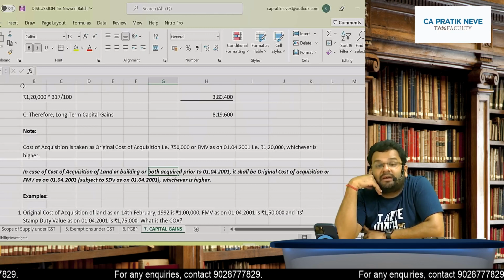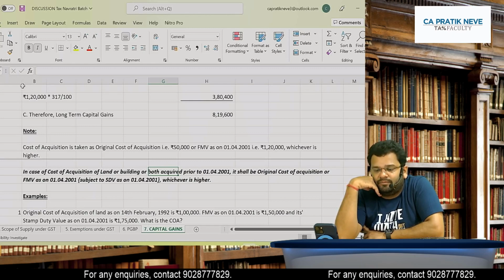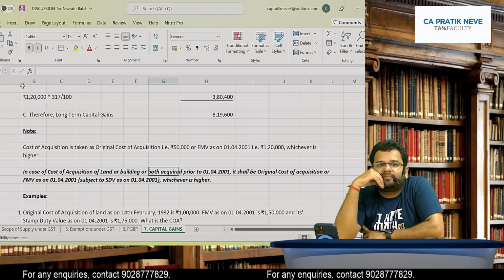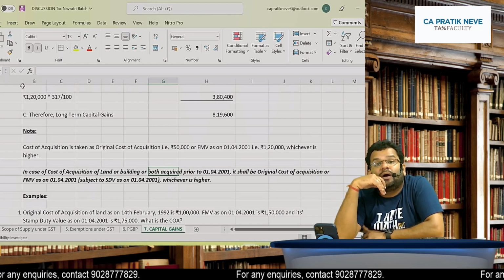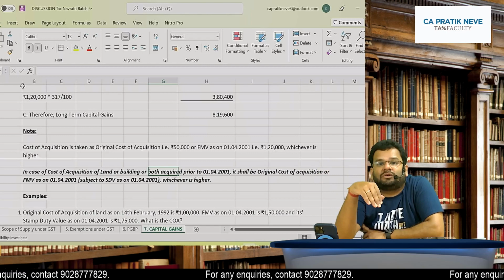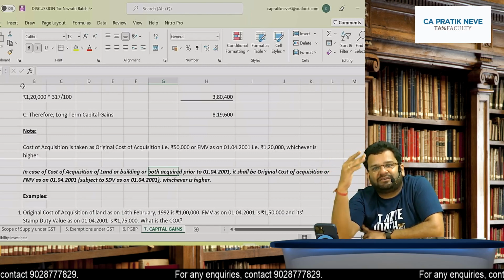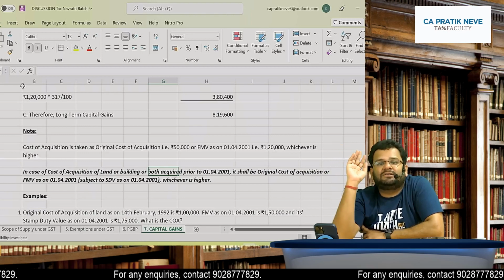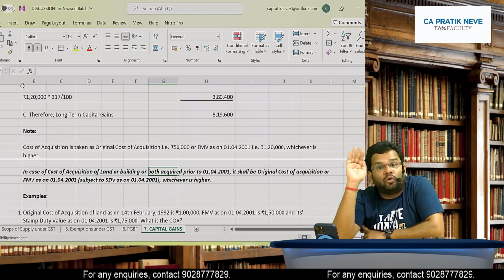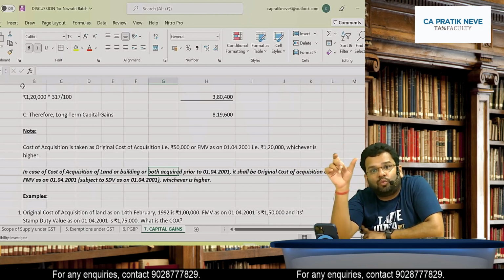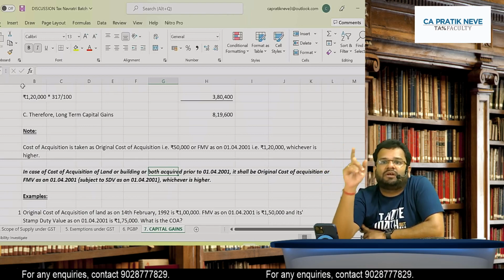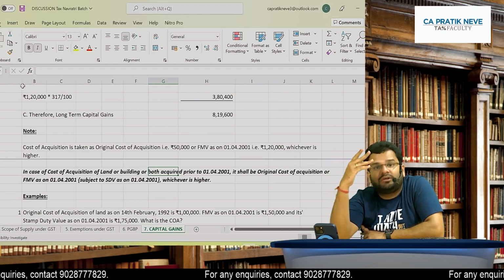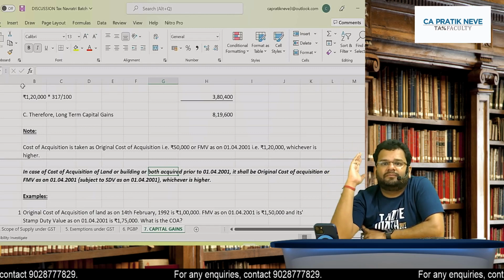You will obviously take 75,000 because it is higher. You are given the option to take that. If you had purchased in 98 for 60,000, and say gold's price or silver's price or diamond's price, platinum price, whatever it is, goes down, and in 2001 it is 55,000, then you will go for 60,000 being higher, isn't it?